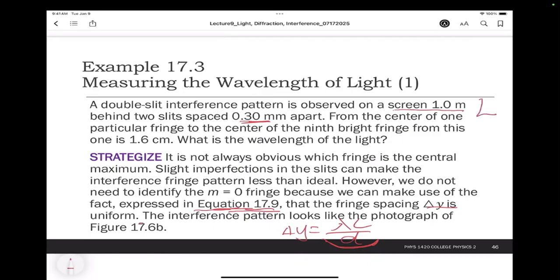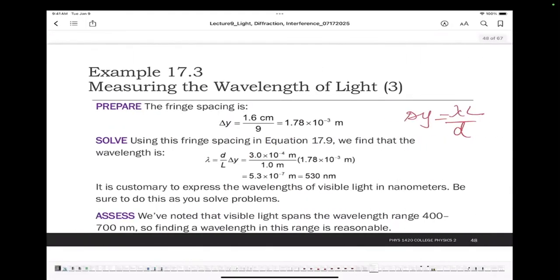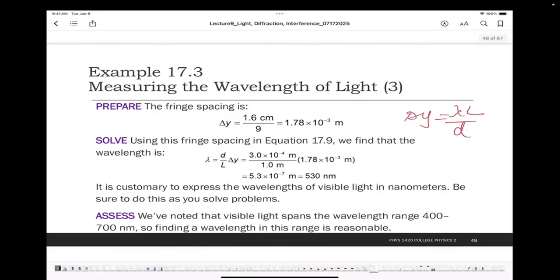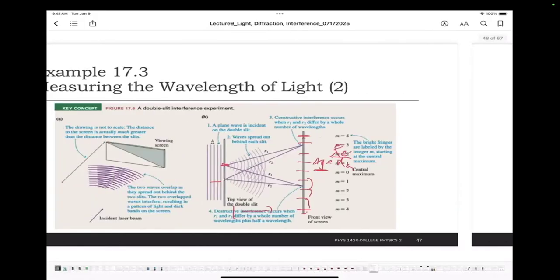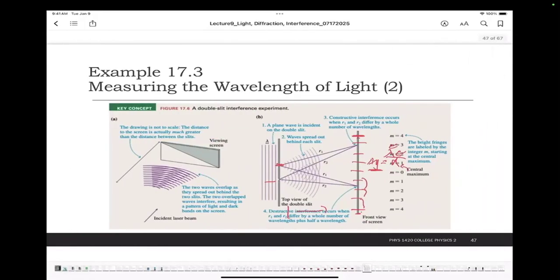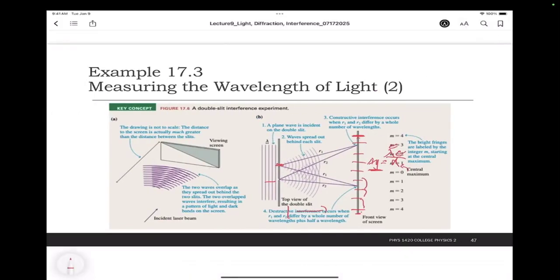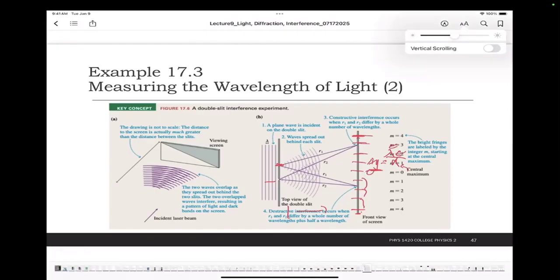This is L. Because it is uniform, the distance should be the same thing.